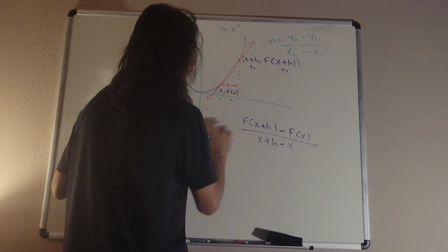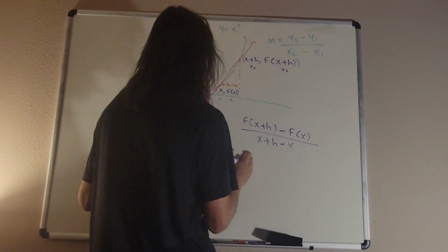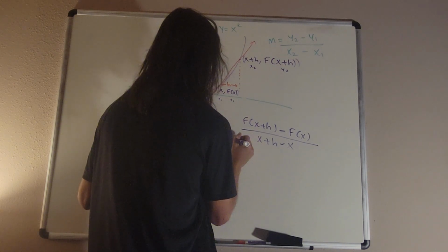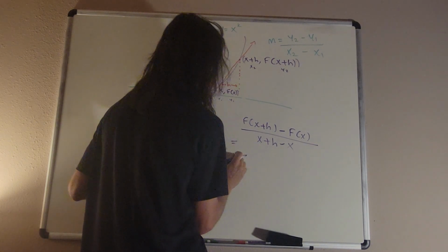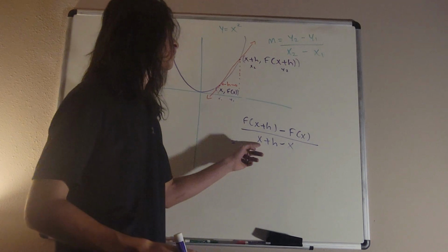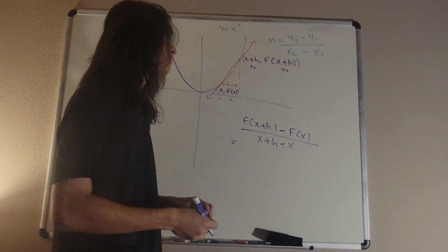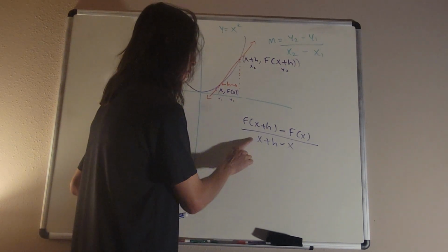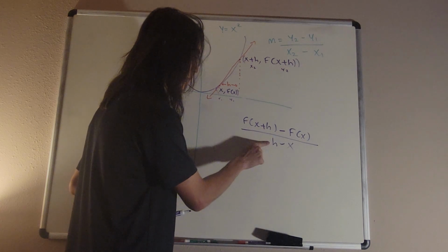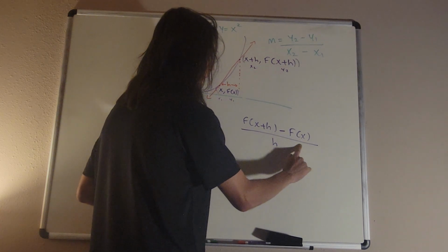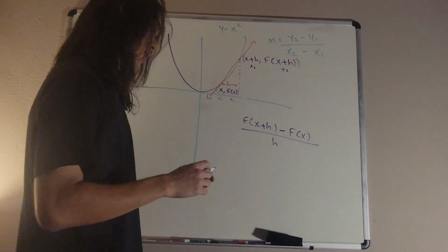I'm going to erase that for now, and you'll see why in a second. We're going to rewrite this guy. We're going to just do some canceling because positive x, negative x are going to cancel out. So those just disappear. And this is what we're left with.